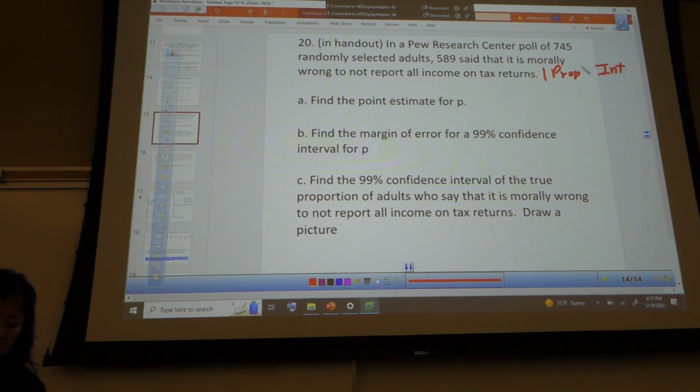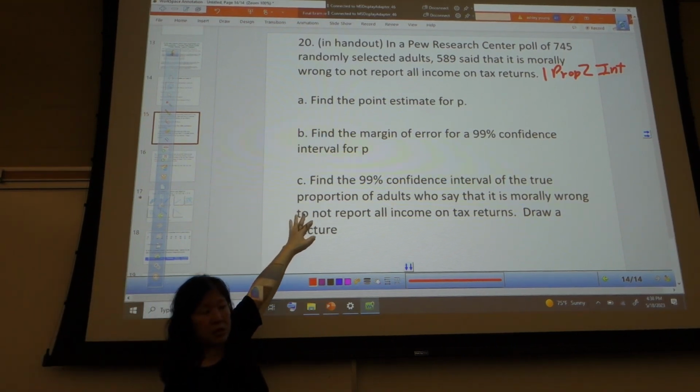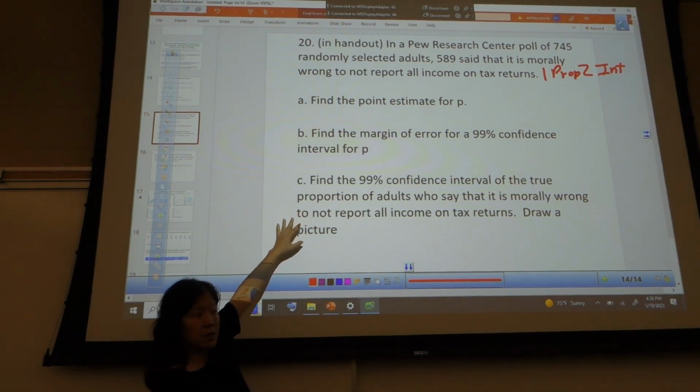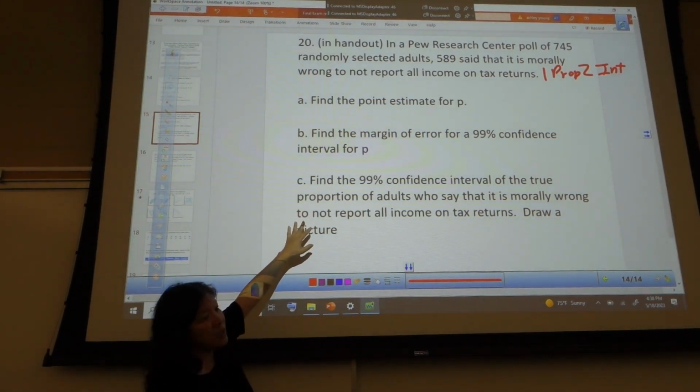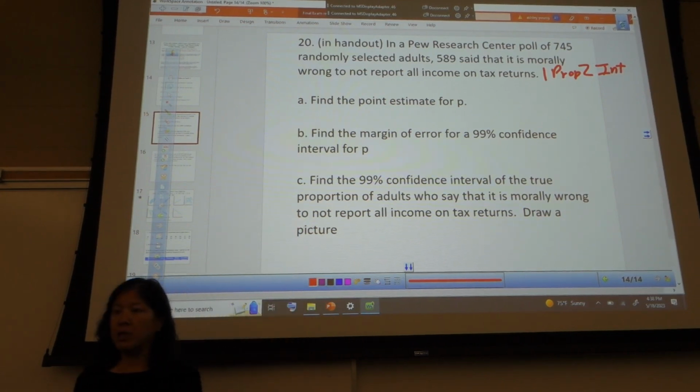So that's one prop Z interval is what we're using. And I would say we probably want to do step C first. That will help you find your A and B if you like.